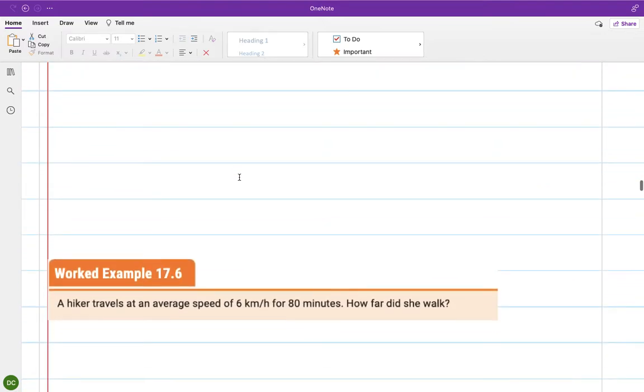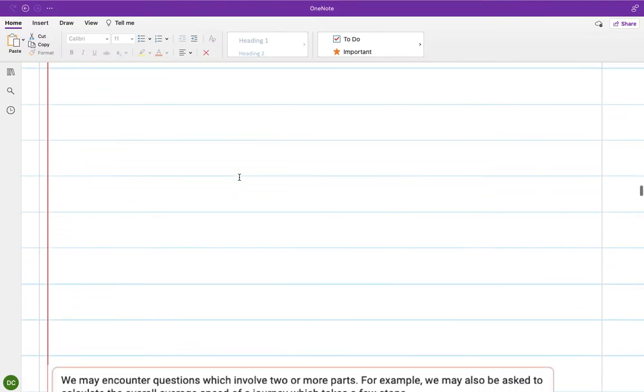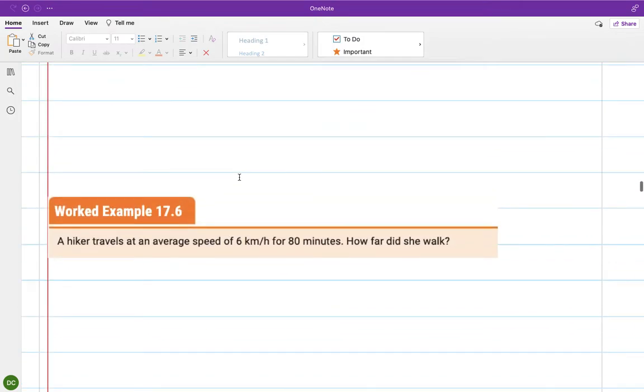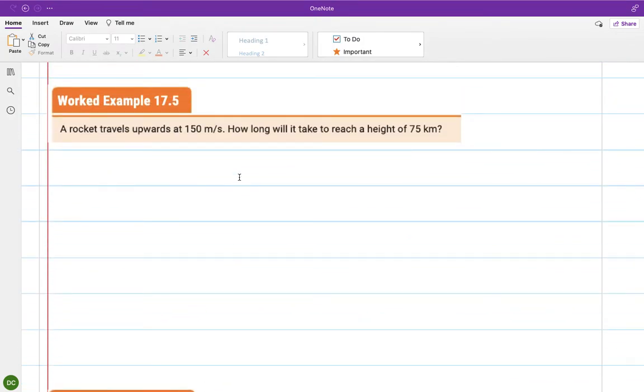Right, we look at this one. So we have a rocket travels upwards at 150 meters per second. So again, this is your hint, meters per second. That's speed. Here's the question. How long?